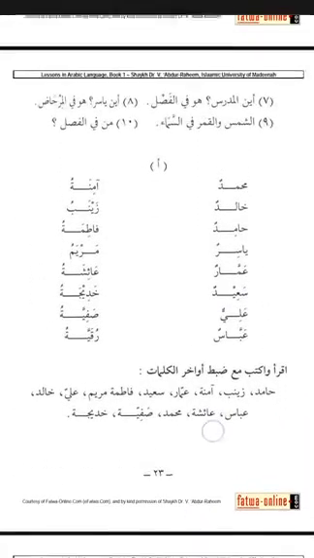Okay, in the conclusion of the lesson, we're talking about personal nouns, names of humans. These are male's names, while these are female's names. Male's names always end with what?